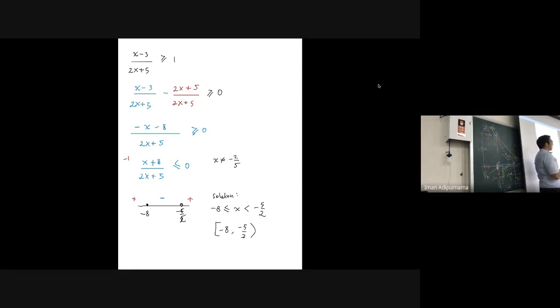Actually, if you are really familiar with the equations and you don't need the number line, that's fine. But mostly what I saw, the students tend to make mistakes with these signs, and when they make a conclusion, they make the wrong conclusion.